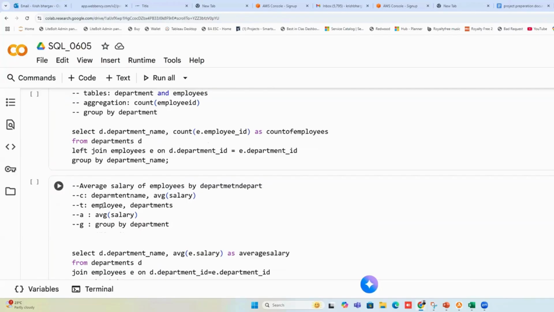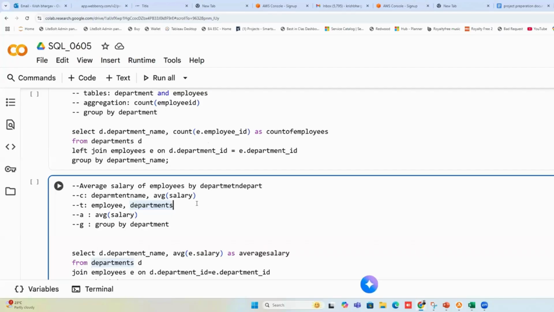The table name is employee here. I think you asked about the average salary of employees by department. We have to check the average salary in the employee table, right?